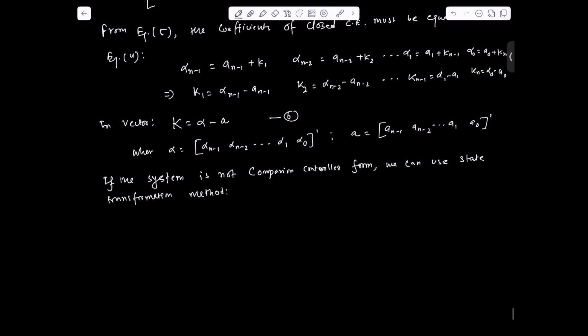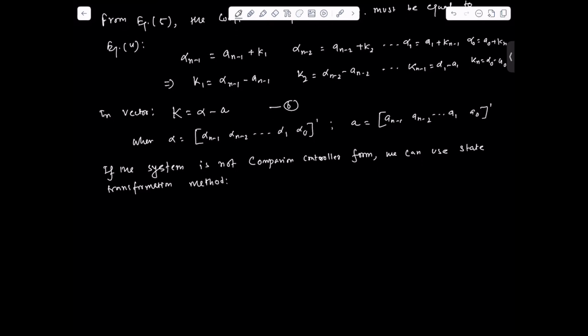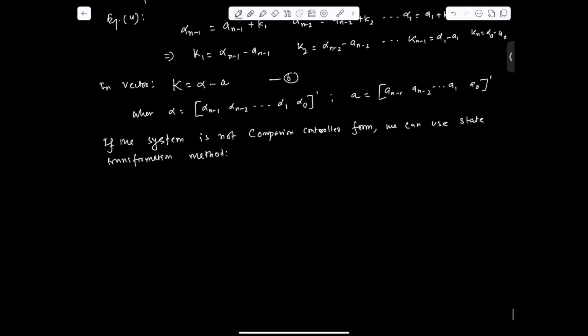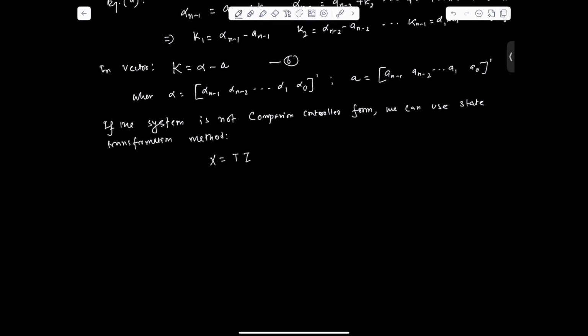You have already done how to convert the system into diagonalized form. So here we can write x equal to Tz. x is the original state, and z is the state in another domain, and T transforms from one domain to another. The original system is x dot equal to Ax plus Bu and y equal to Cx.